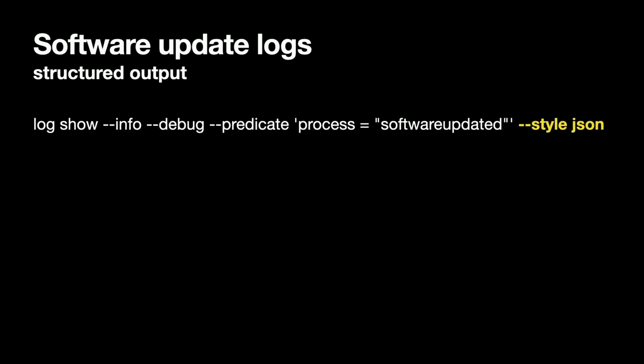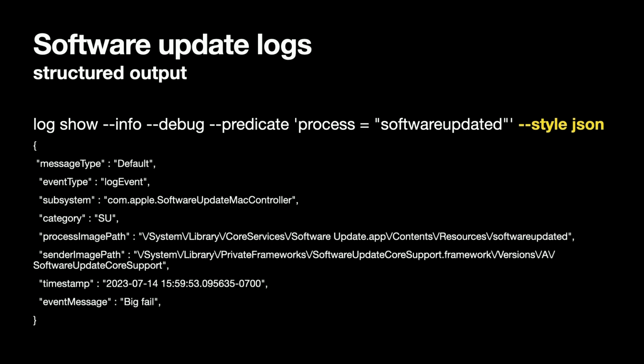But I remembered that you could style it as JSON, which again, structured data, easy to work with. You can pipe it somewhere and interact with that data and pull out the pieces that you think are interesting. And so I threw that into the process, and this is again a truncated subset of everything that's shown.